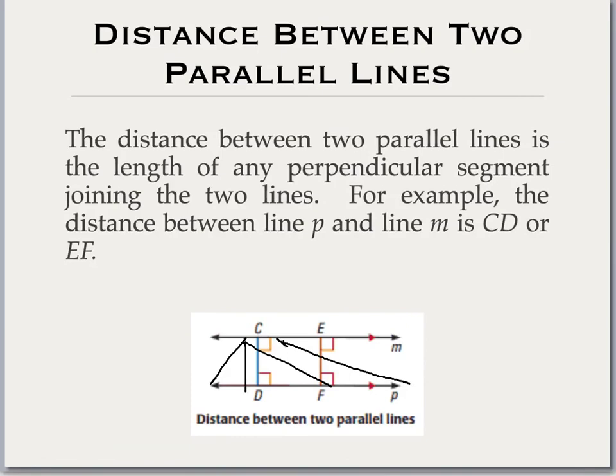So if you pick a point somewhere, it can be on either one of the lines. The shortest distance is going to be the length of that perpendicular segment. So in this picture, the distance between line P and line M is the length of segment CD, and the length of segment EF. Again, kind of makes sense. You want the shortest distance possible, so those perpendicular segments are going to be the shortest distance.